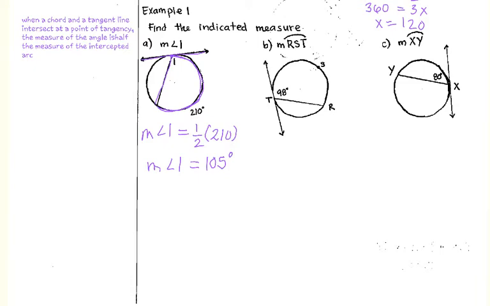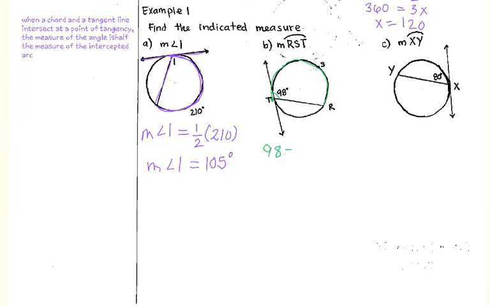We can use the same idea for part B, where we are trying to find the measure of arc RST. Measure of arc RST means that we are trying to find this major arc RST. We know the angle, which is 98, of the chord and the tangent line at the point of tangency, point T. So the interior angle is 98.